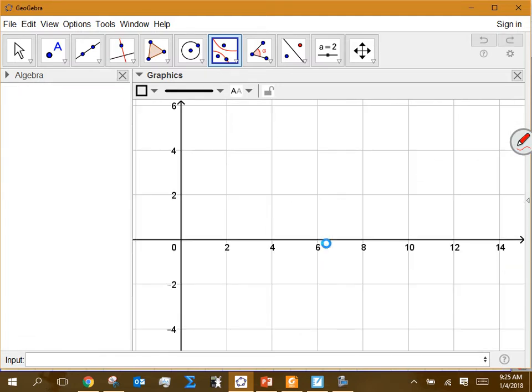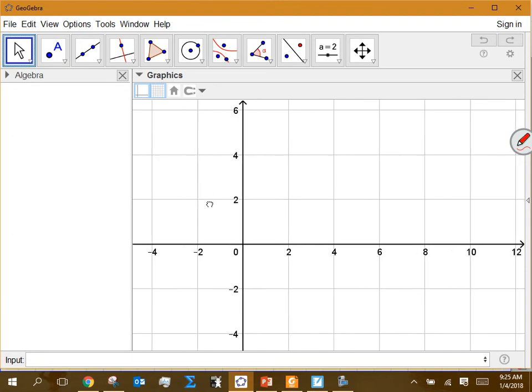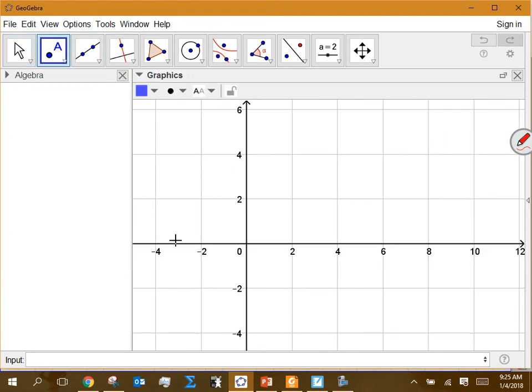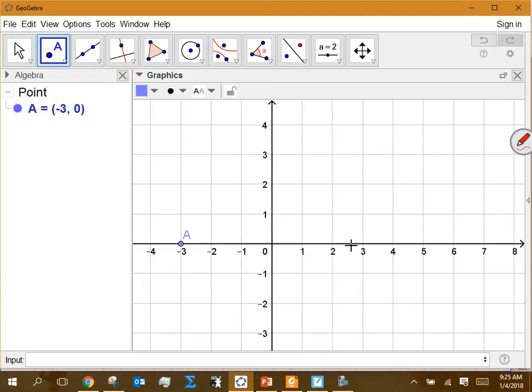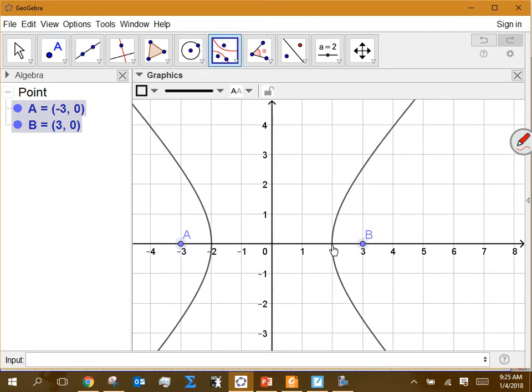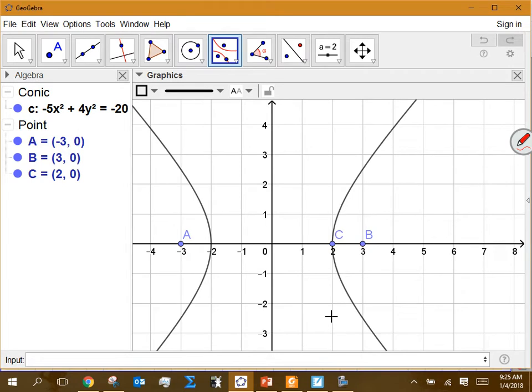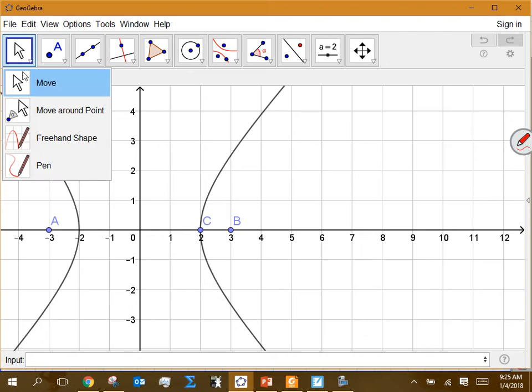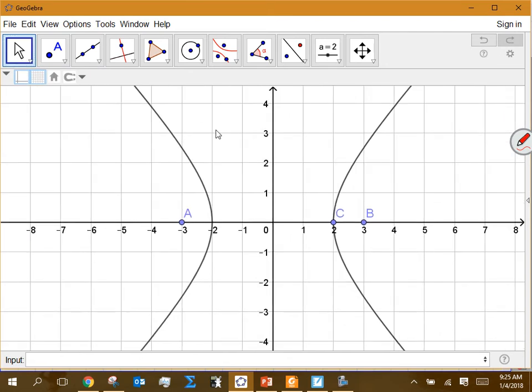But I want to first just introduce everything with that original one that I had on here that I messed up. Just want to talk about some maybe physical properties that exist for hyperbolas.